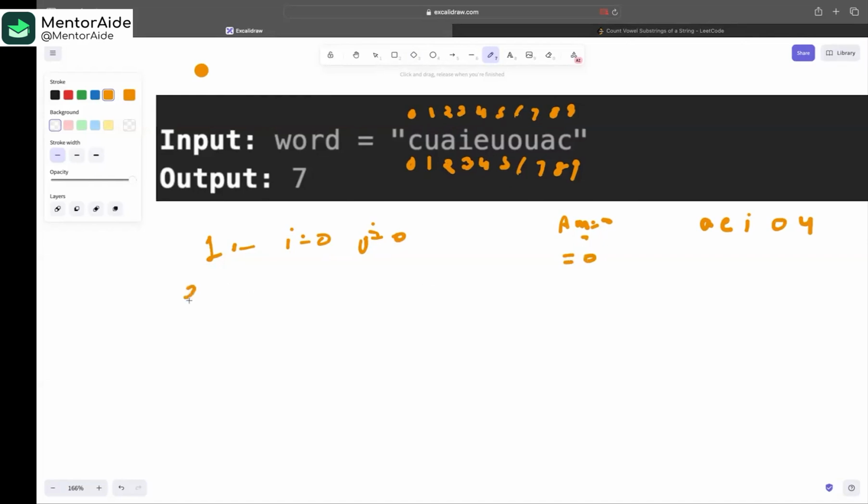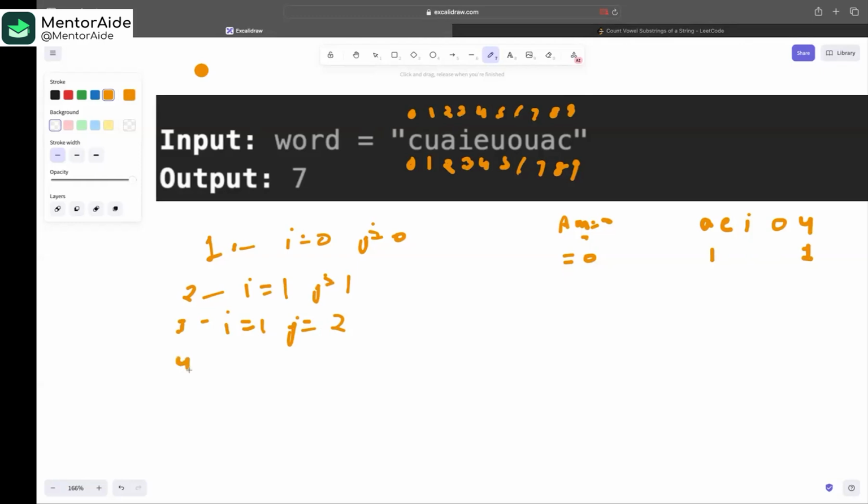Let's go to the second iteration. I will be equivalent to 1. J will be equivalent to 1. Have we got the answer? No. At 1 we have U. So U will be 1 here. Let's move on. Third: I will still be 1. J will be 2. At J we have A. A will become 1.